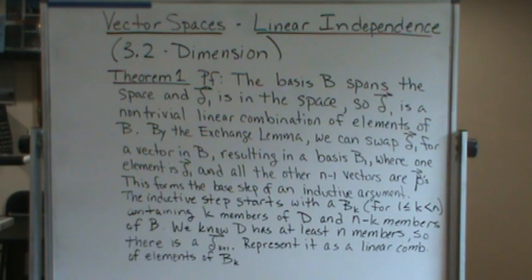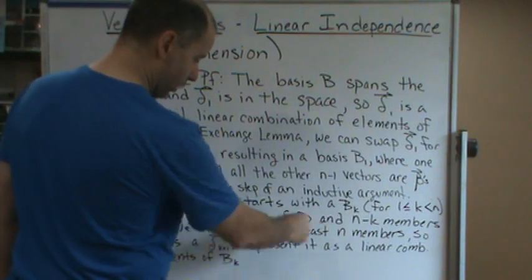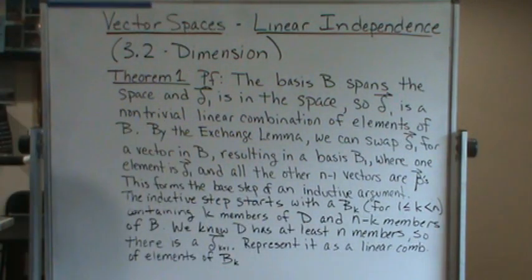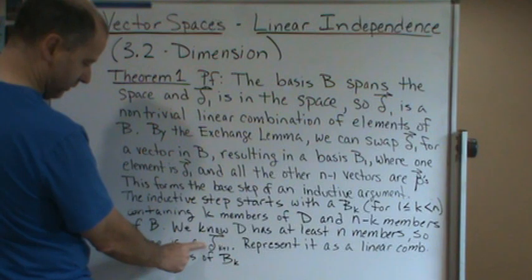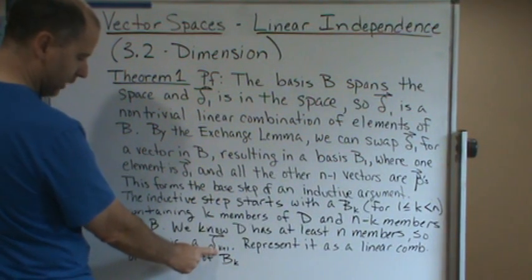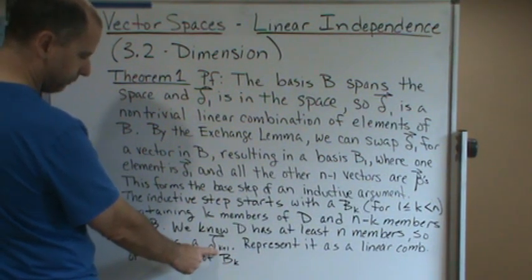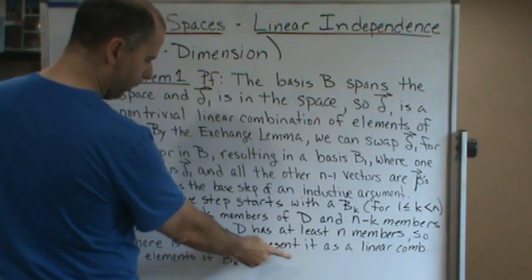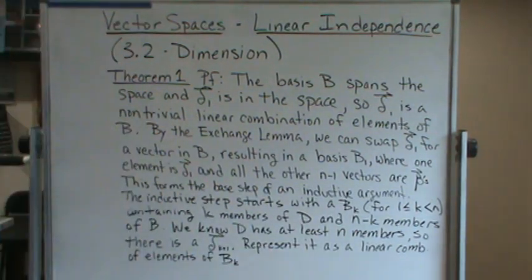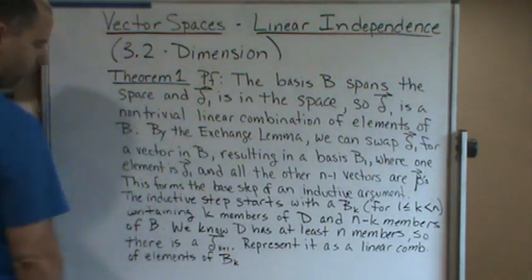Now, D has at least n members, so there has to be another delta vector, delta k plus 1. And so we want to represent it as a linear combination of the elements of B sub k.